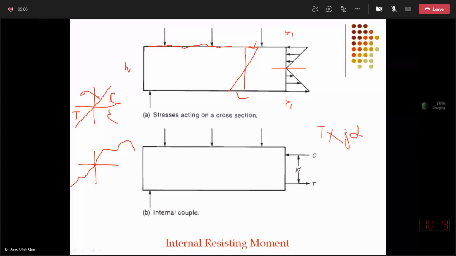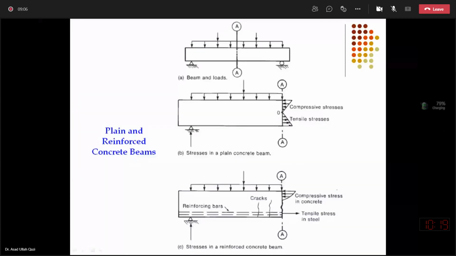Then we can move on to the next picture, which is copied from the 7th edition of M. Nadeem.